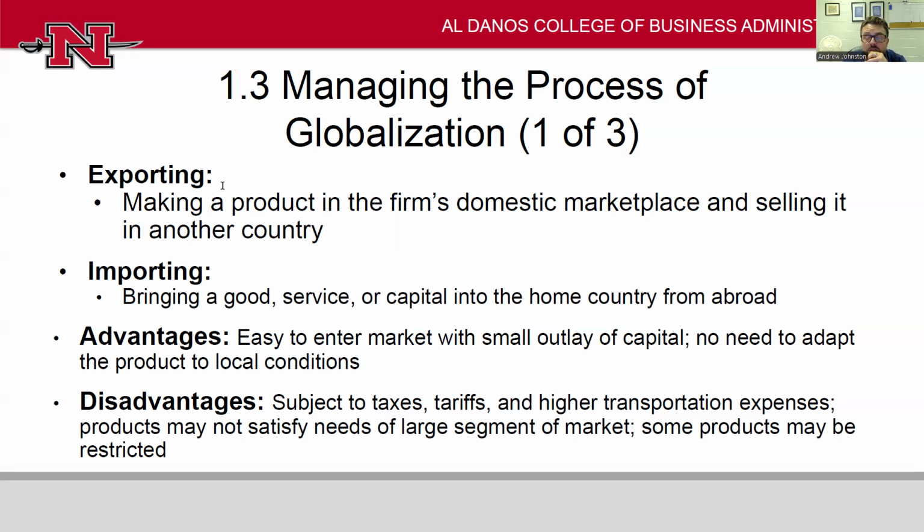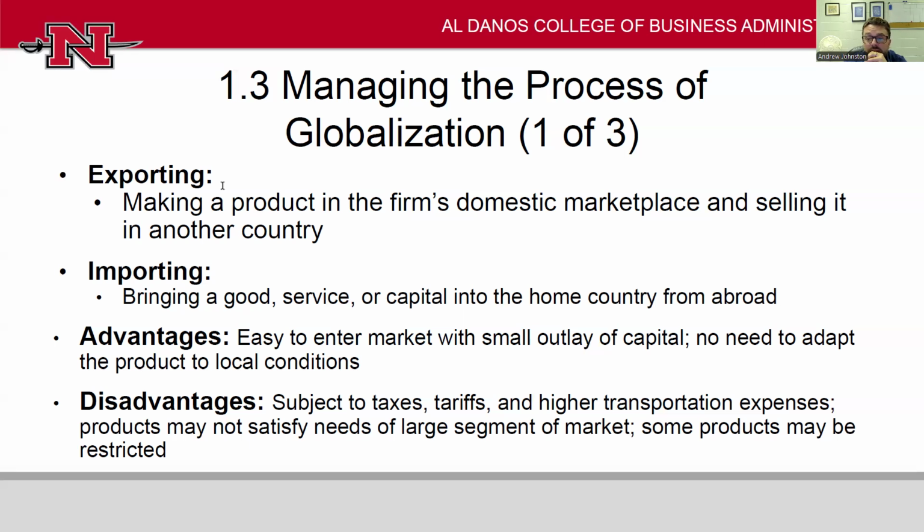The disadvantages of that tend to be on two dimensions. One of them is that they're often subject to political interference, if you like, taxes and tariffs designed to protect the producers in whatever market you're exporting to. There's also, of course, higher transportation expenses.